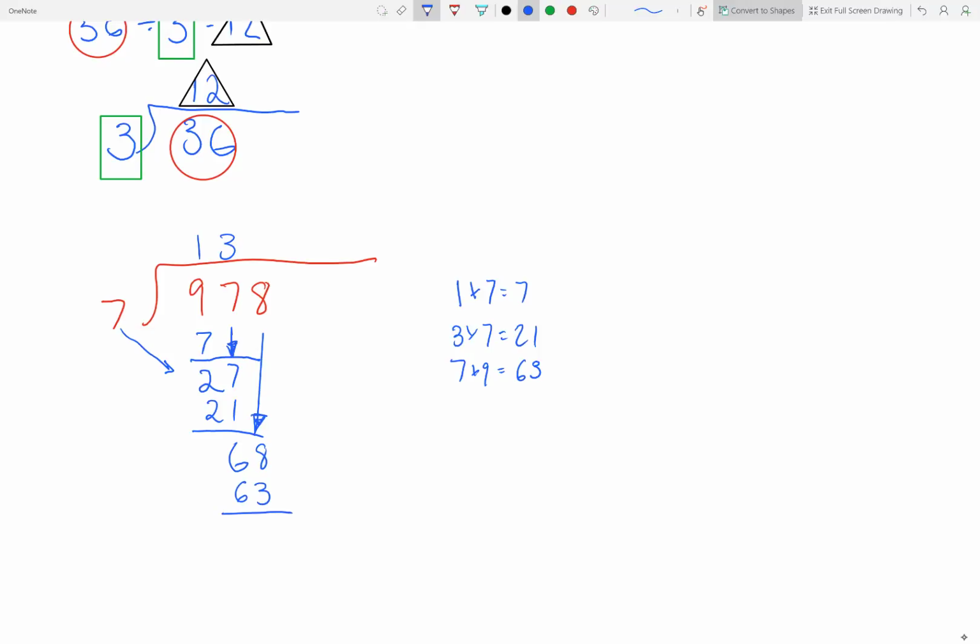So 68 take away 63 is 5. Can 7 go into 5? No. So we have a remainder. Our remainder is 5. So the answer to this question is 139, remainder 5.